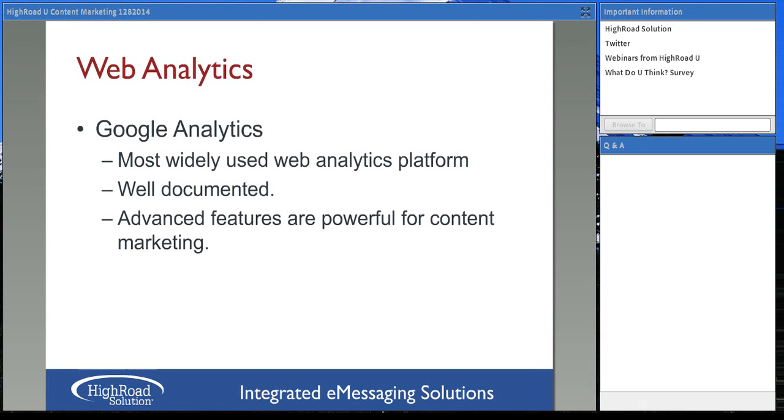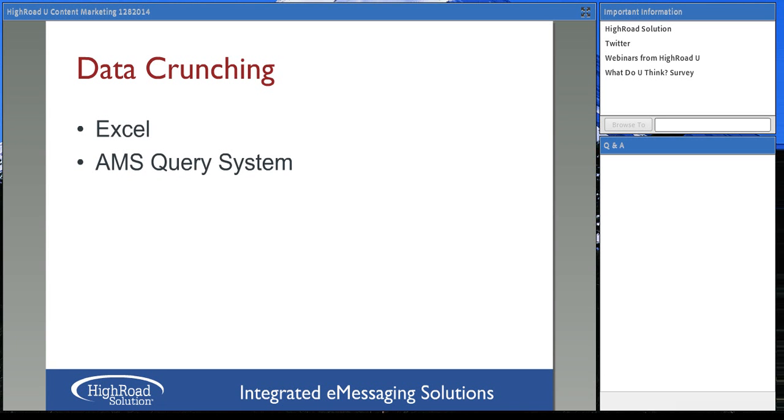And so those are some of the rich features that you can use within Google Analytics, and it's probably the number one go-to resource in your toolkit. There's always going to be a need to go deep diving into data. Excel or your AMS query systems are pretty much the tools.